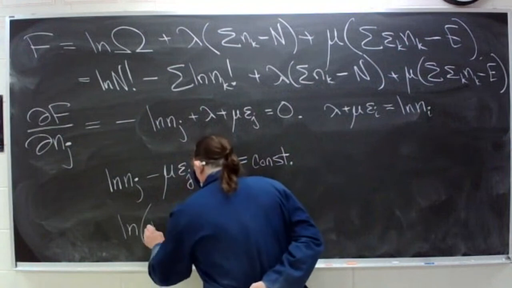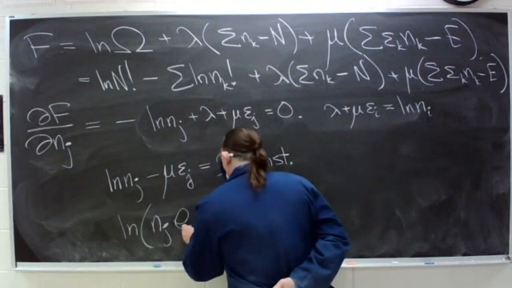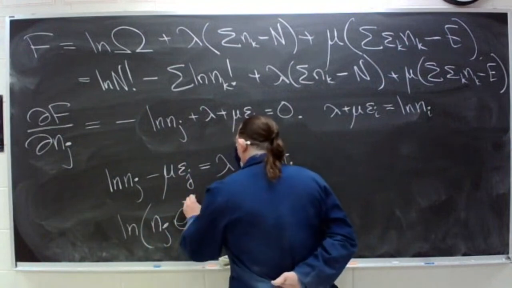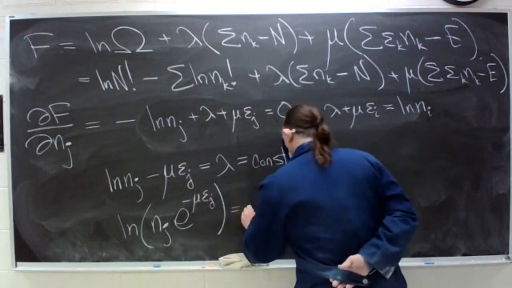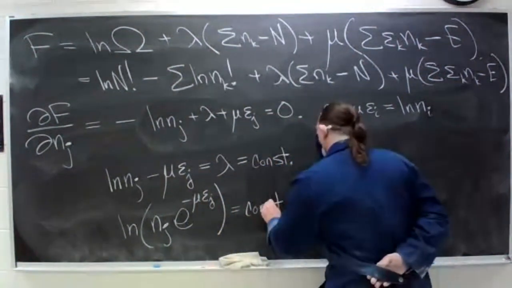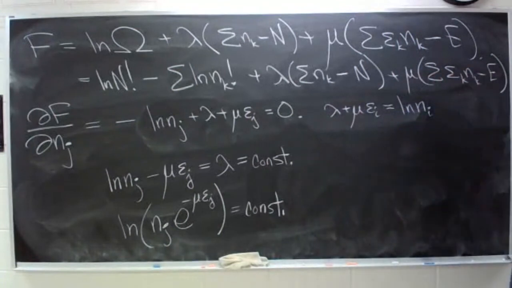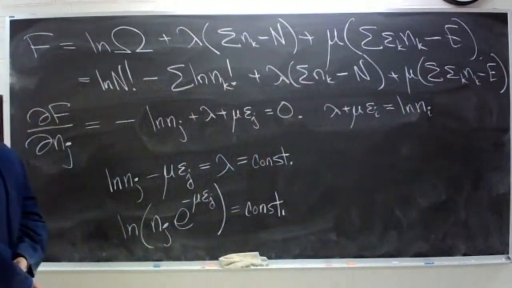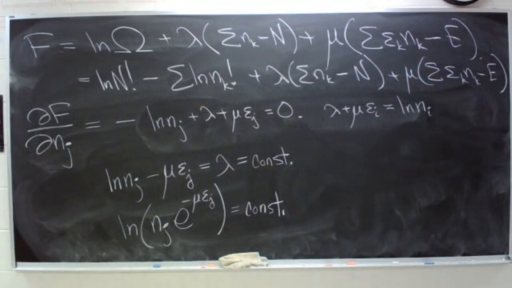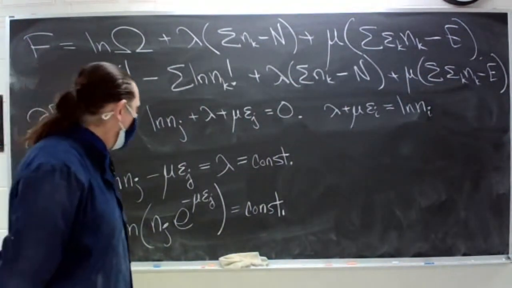So I could view this as the natural log of nj e to the minus mu epsilon j is constant.